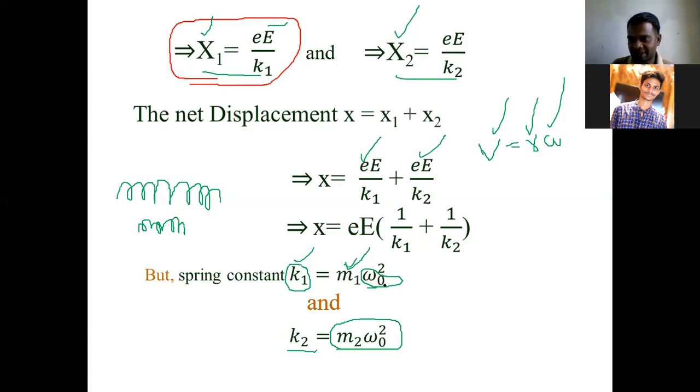M1 omega naught square. Therefore, x1 is equal to small e into capital E by m1 omega naught square. Are you clear? What is x2? Small e into capital E by m2 omega naught square.